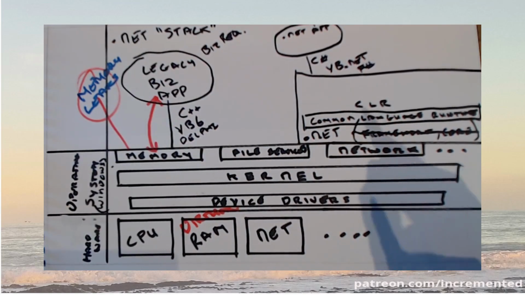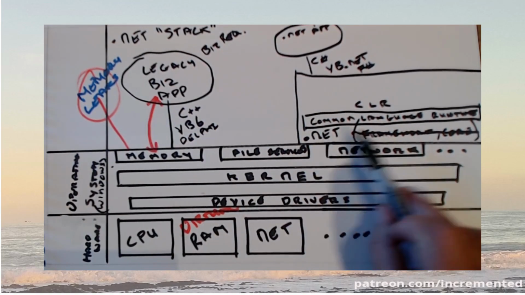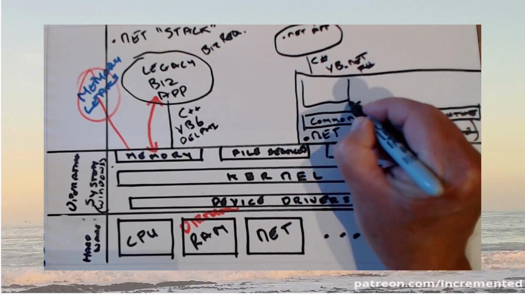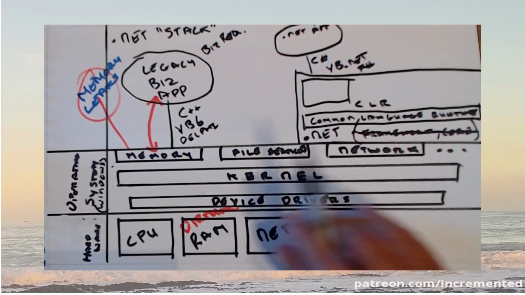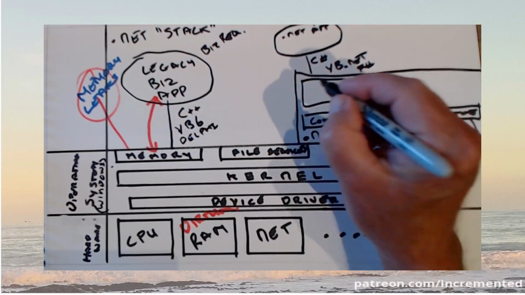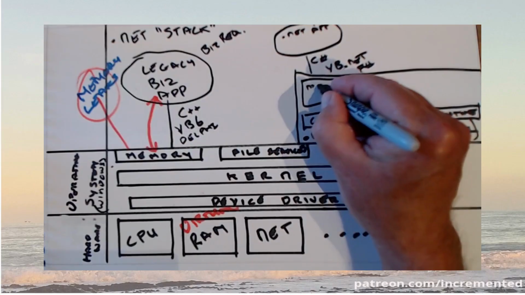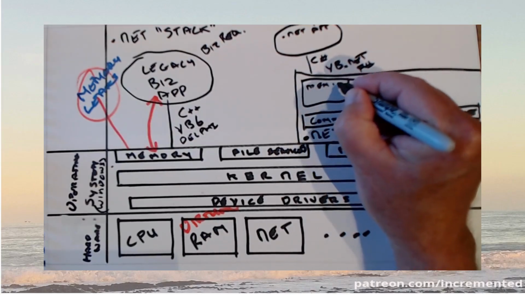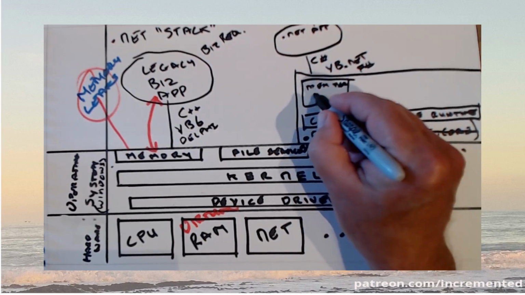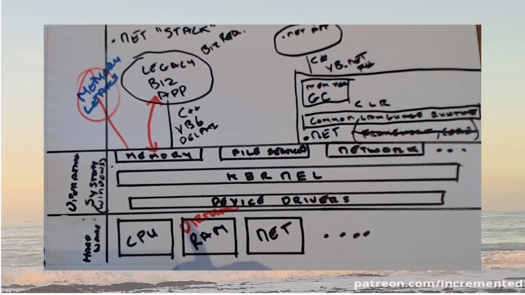Now, .NET includes other very important extensions, very much like our operating system had file services and network services. So here we have memory services, the memory manager, and very notably the garbage collector, the GC.